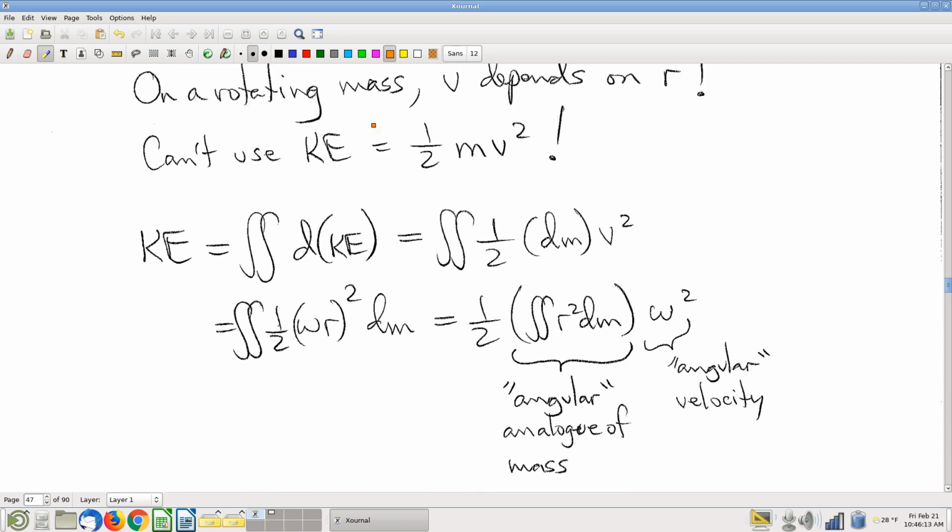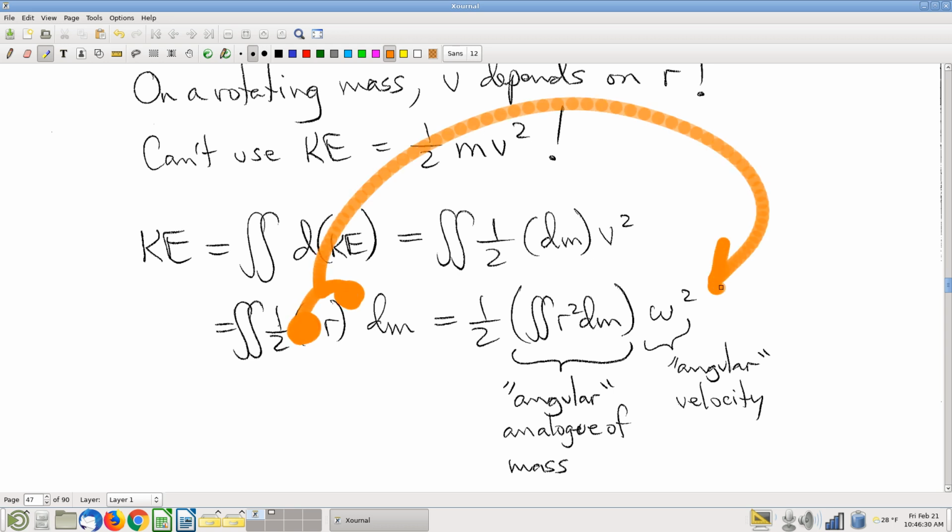So I'm going to take this v squared and rewrite it as omega squared r squared. V is, in fact, omega r. And now I'm going to take the omega squared and pop it outside of the integral. And then I'm going to take this 1/2, this is all perfectly legal, and pop it outside of the integral as well.